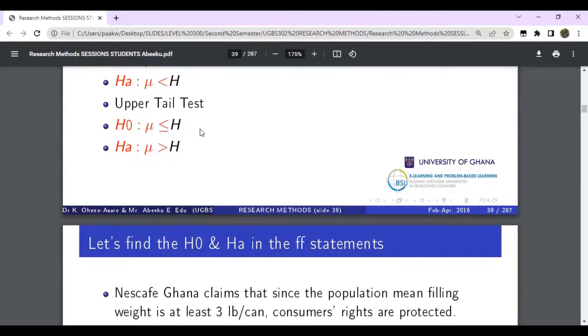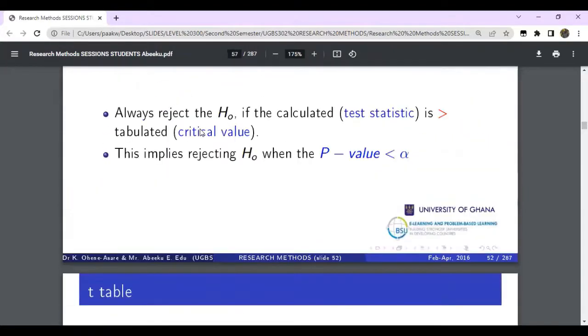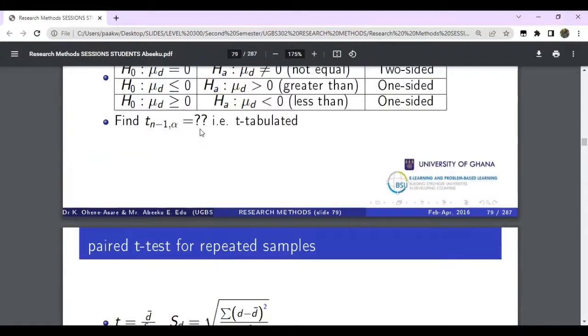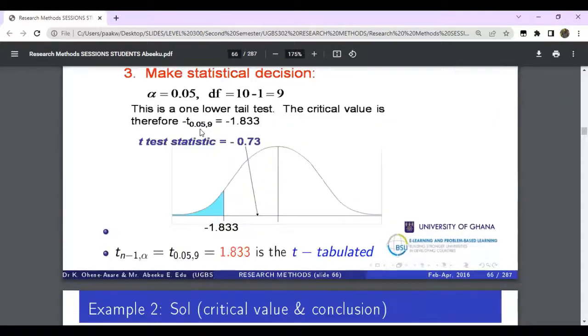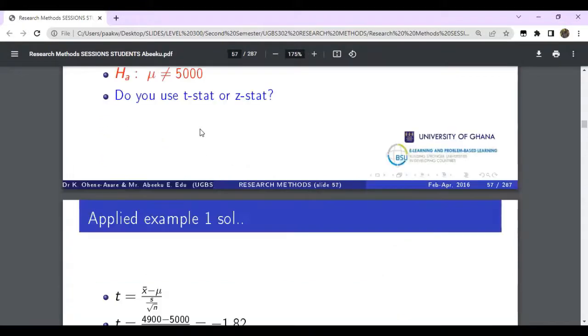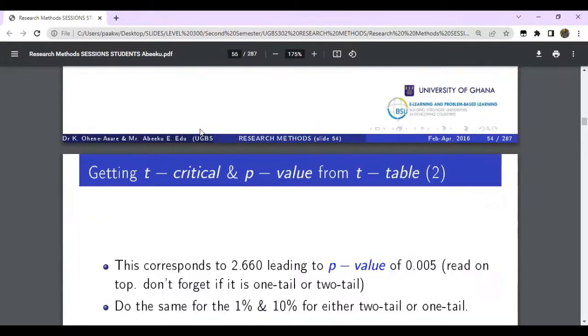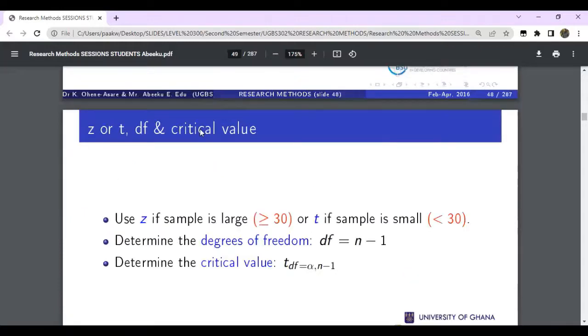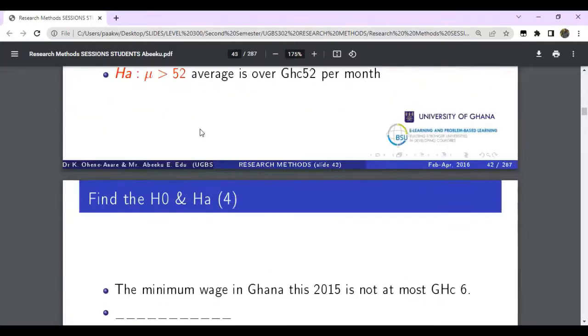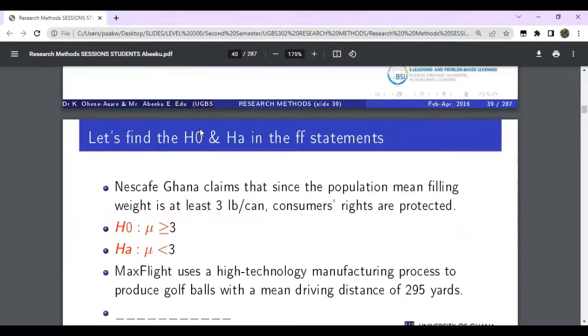Is it in the null hypothesis or alternate? It is in the null hypothesis. So if it is null, the null is talking about the H0, right? Yes, that the claim is right. The claim is right. Good.